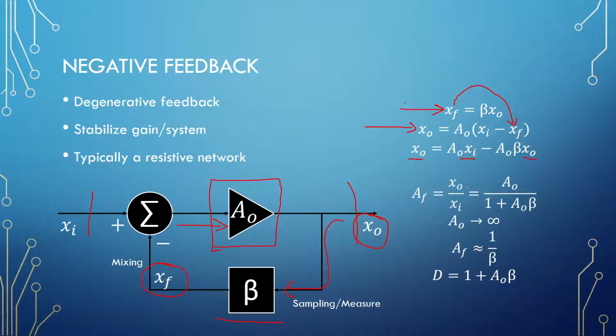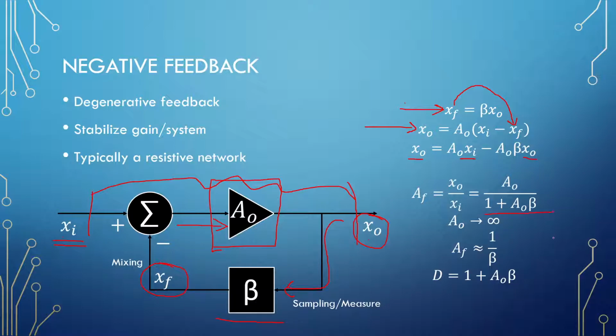And that can give us X out over X in, which would be the gain of the entire system. So AF, or the feedback gain, is X out over X in, and that will give us A0 over 1 plus A0 times beta.